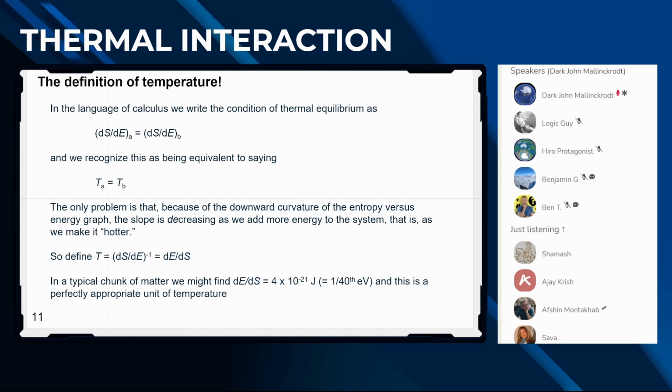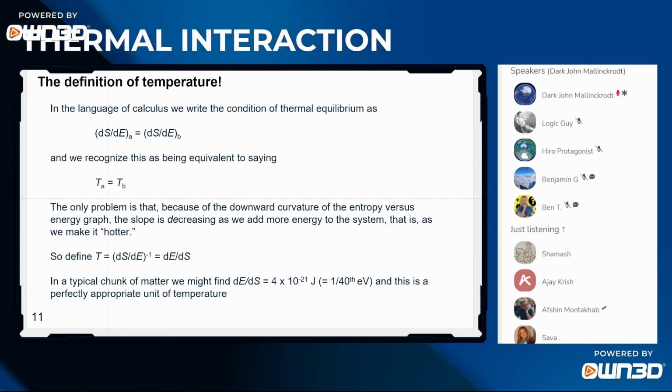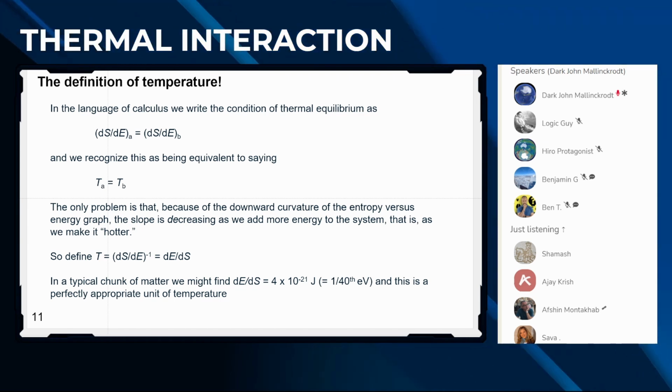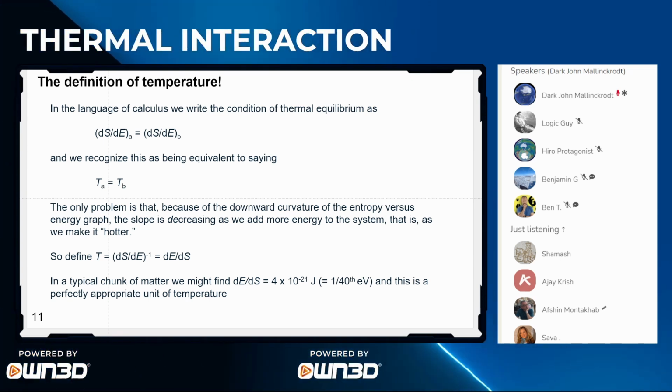It's energy divided by a number. And I'll just tell you here that in a typical chunk of matter, if I'm just holding a chunk of matter in my hand, typical chunks of matter have the property that their energy increases at the rate of 4 times 10 to the minus 21st joules when the entropy increases by 1.